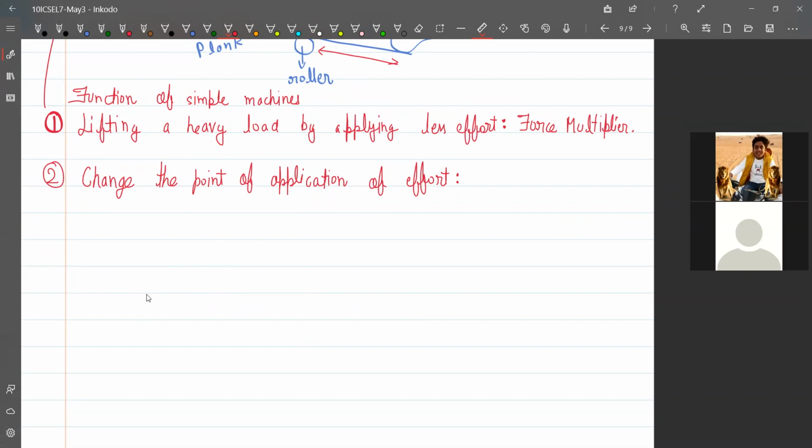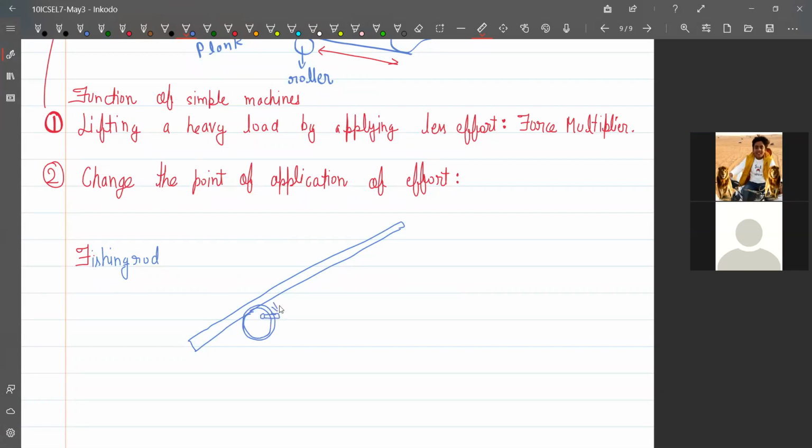So, for example, if you have a fishing rod, then you have a round thing here which you can rotate with a handle over it.